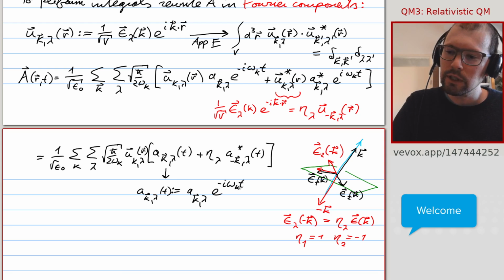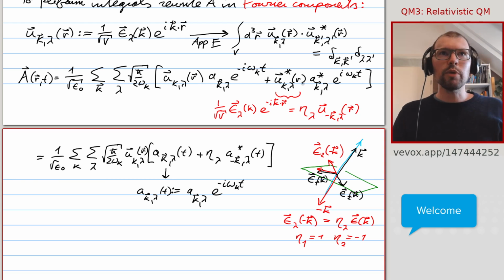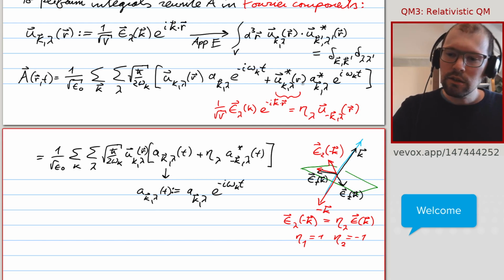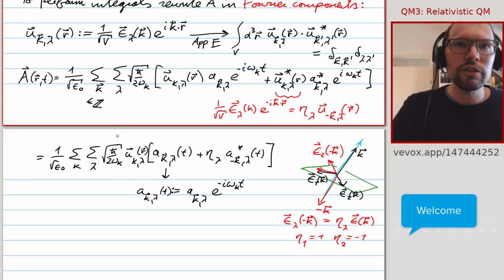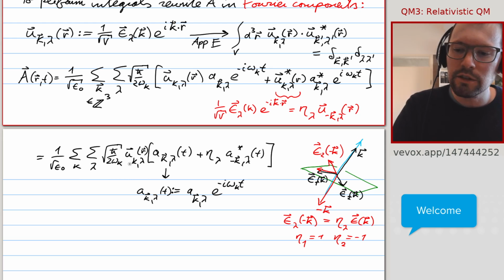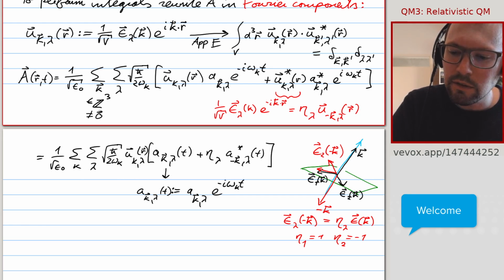Is it clear what I'm doing? I'm doing several steps at once here. I'm taking the two sums apart, then noticing that I'm summing over k. Remember that k really takes values in all integers in R^3, except the zero vector.